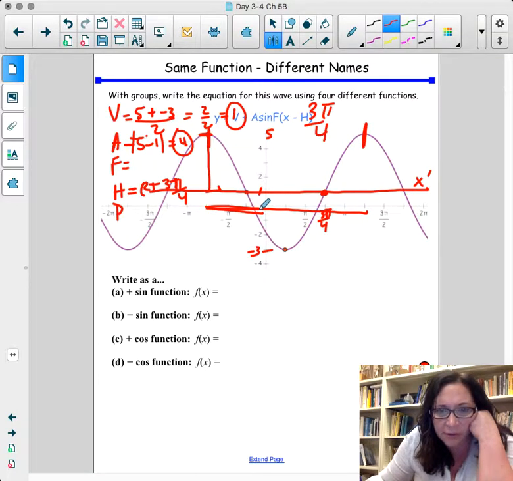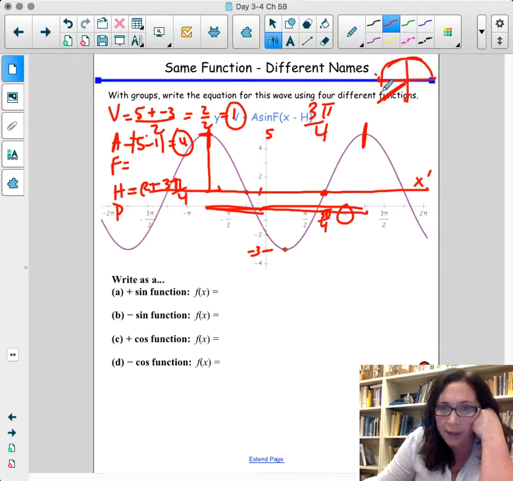And the distance from here to here is pi plus this value, which is 1.5. So what's in between pi and 3 pi over 2? Look, what I'm looking for is this distance in between pi and 3 pi over 2. So that's 1 and a fourth.